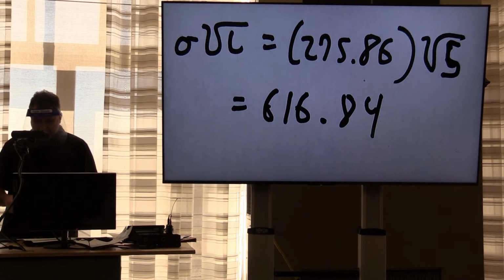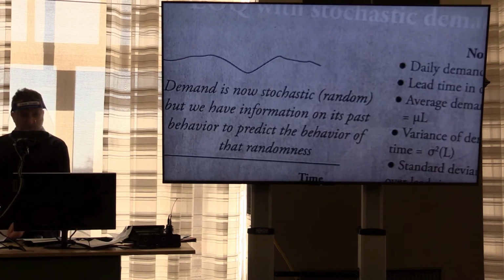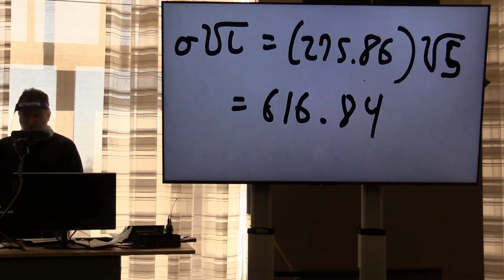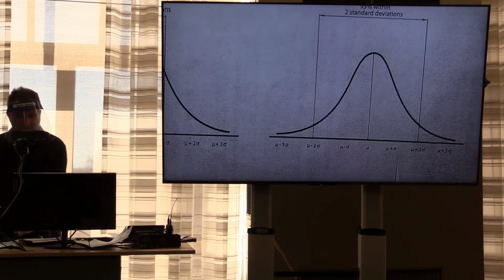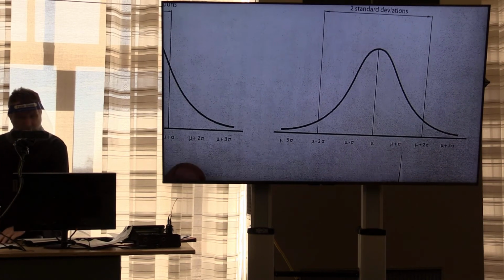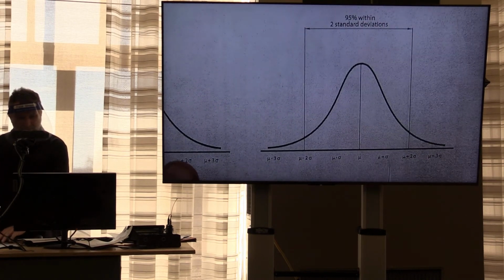In one of the handouts, the one on EOQ with stochastic demand, it's got some figures on the back. This is also a figure in the textbook. This is a reminder about the bell-shaped curve.